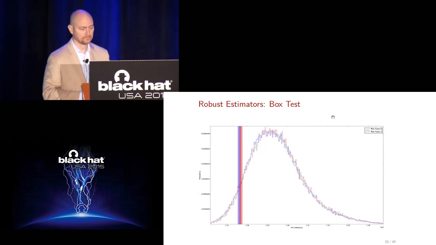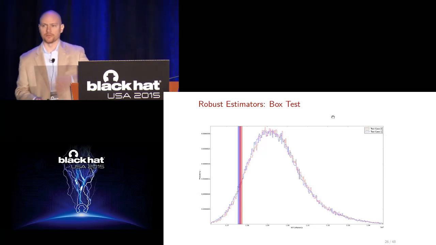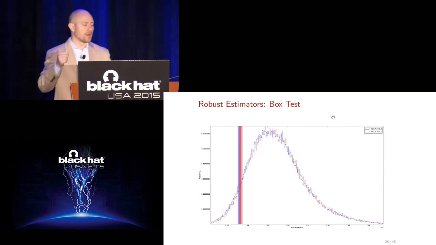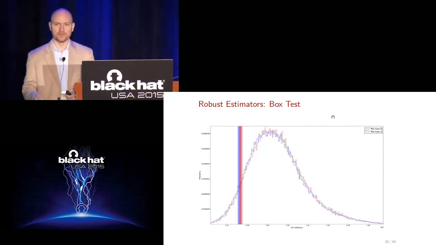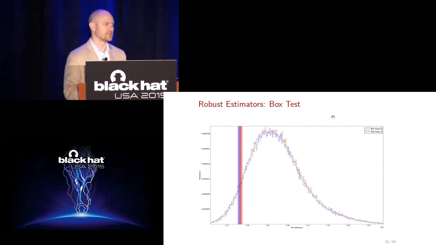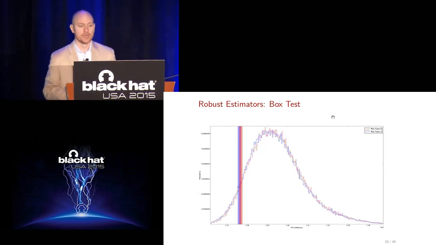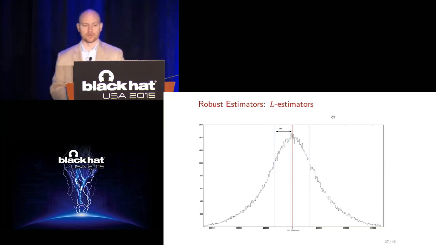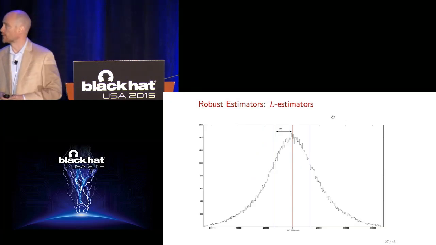In preliminary tests, using the Kalman filter and not using it, we found that the box test, under certain cases in our data using the new data collection technique, didn't work that well in many cases. So we were looking for other things, and we turned to something called L estimators. We went to L estimators for a couple of reasons.